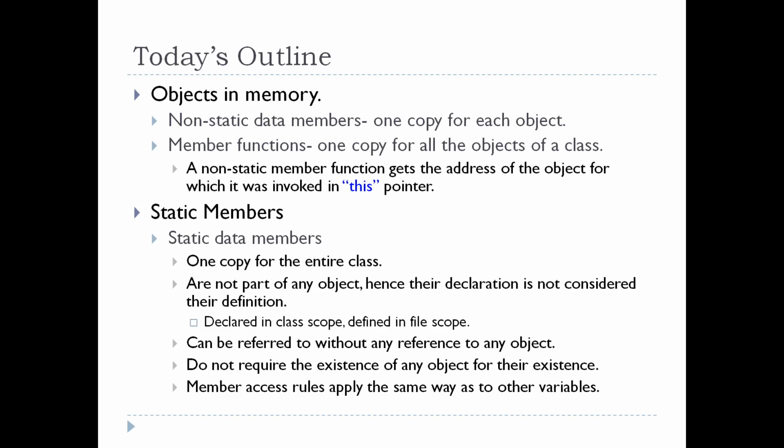Automatic storage class means a variable is automatically created and destroyed. Whenever it comes into scope, it is created. Whenever it goes out of scope, it is destroyed. Okay, so these are automatic variables. Any local variable is fundamentally automatic.